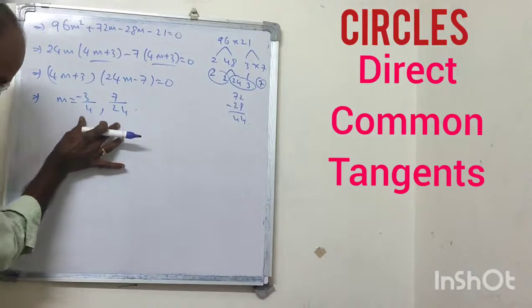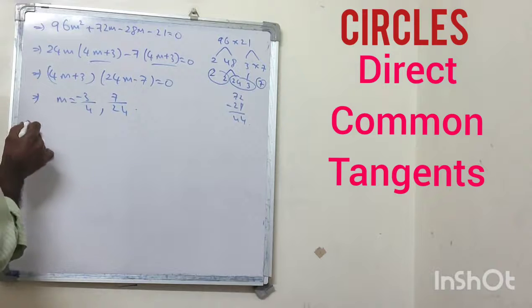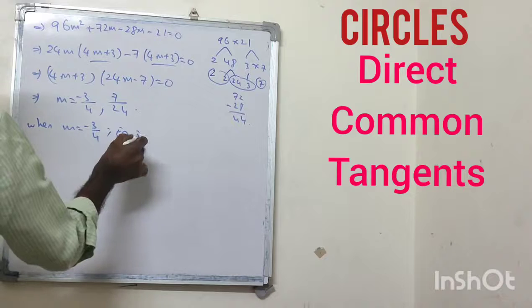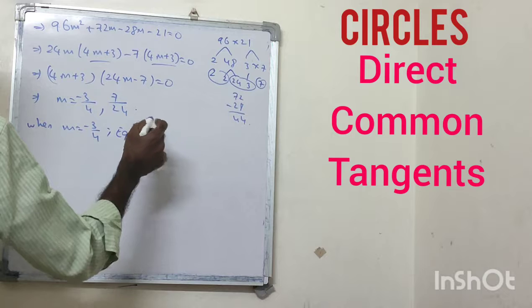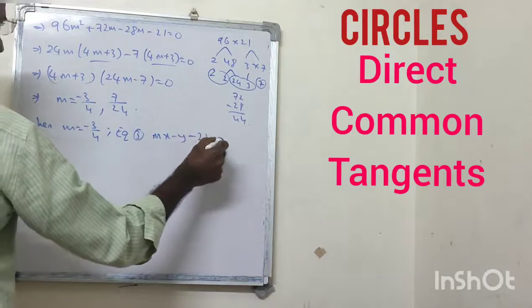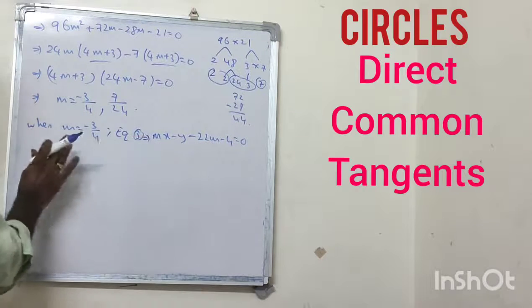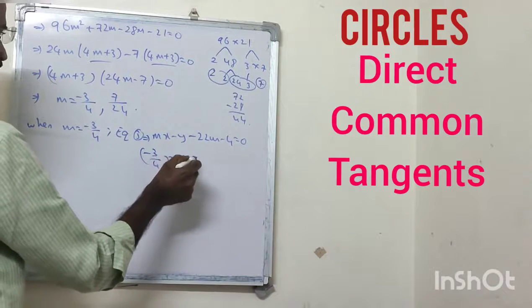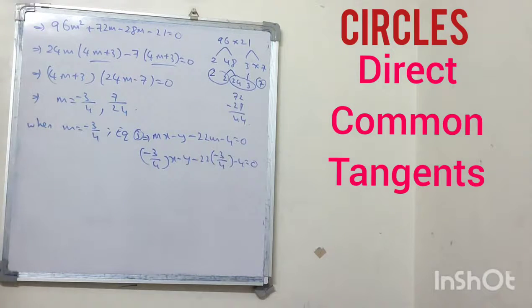Now we have to substitute these values in equation 3. What is equation 3? Earlier we have written it: mx minus y minus 22m minus 4 equals 0. When m equals minus 3 by 4, substituting: minus 3 by 4 x minus y minus 22 into minus 3 by 4 minus 4 equals 0.